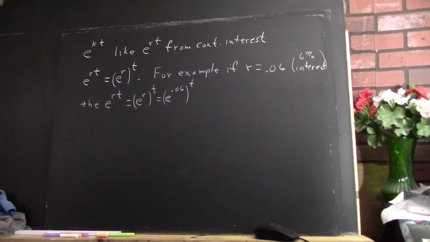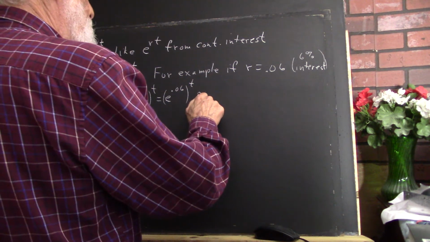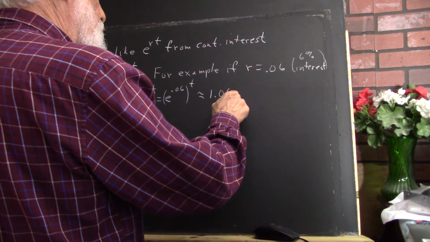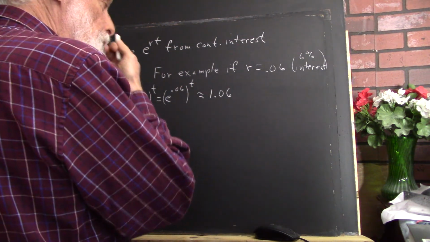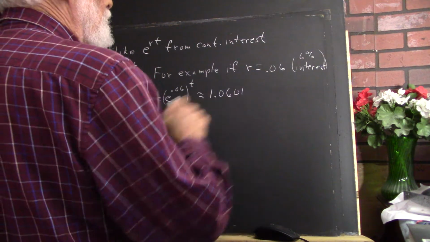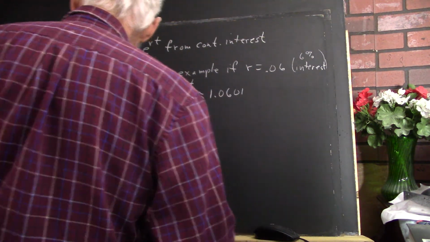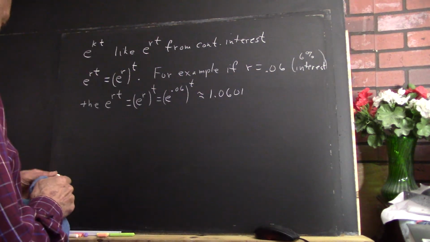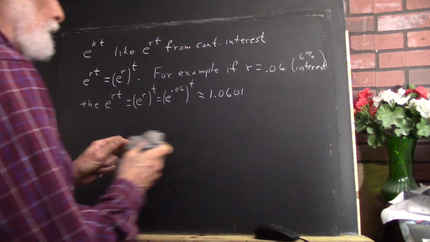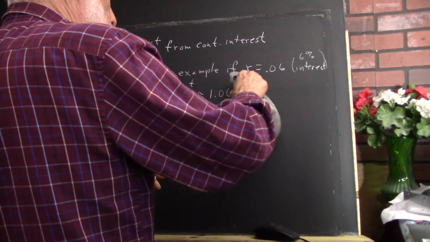And e to the 0.06 is approximately 1.06018. Or is it 1.0618? Now you can check that on your calculator. You can plug that into your calculator and see if I got it right.